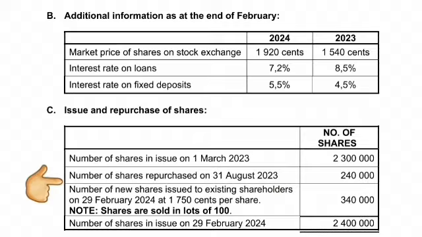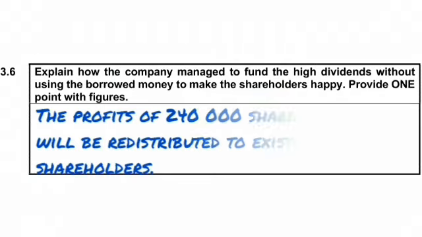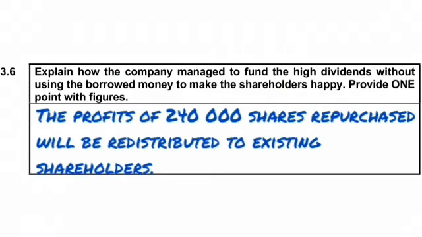So for us to be able to issue the shares to the existing shareholders of 340, we have to start by buying back shares in order to give them to the existing shareholders. So what they did is the profits of the 240 shares that were repurchased will be redistributed to the existing shareholders.